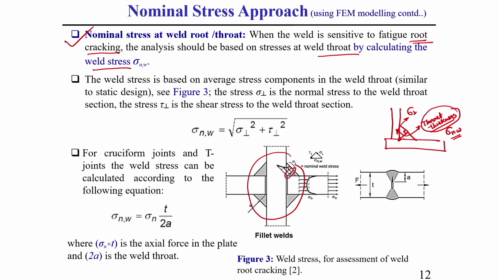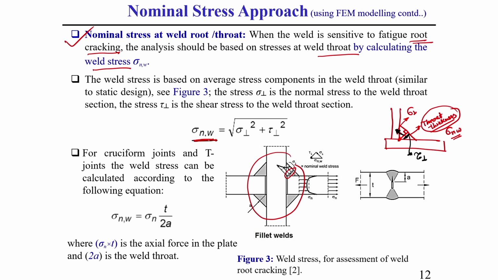And here there can be a shear stress component, I am using a different color, that will be better. So, there will be an average normal stress as well as, in this weld throat area, a shear stress component that I am representing as tau inverted T. These 2 components will have a resultant component, and that resultant component is called the throat nominal stress.